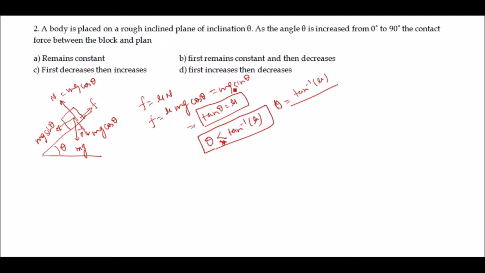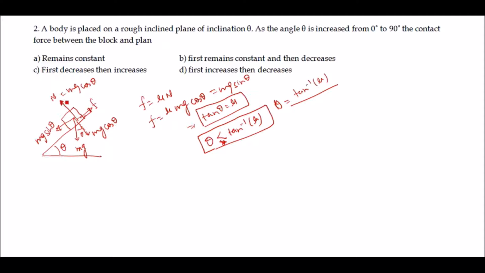So first we will calculate the contact force till the time it will not move, and then we will calculate the contact force when theta is increased beyond tan inverse mu. What contact forces are involved here? Here we have 2 contact forces: one is the normal force and the other is the frictional force.